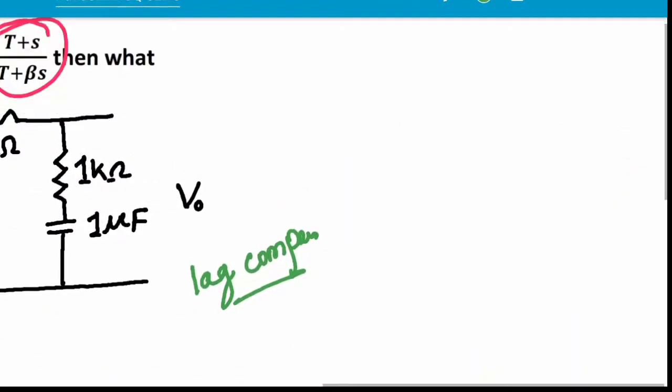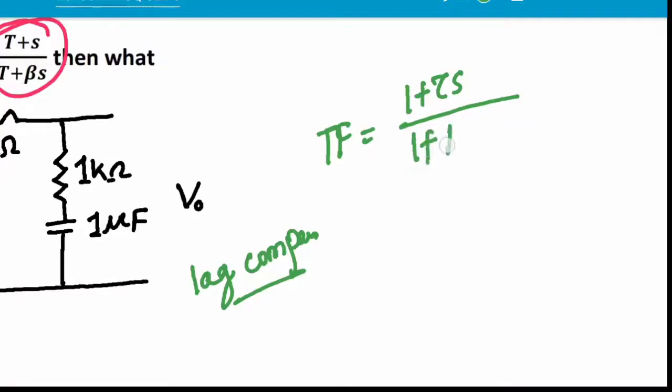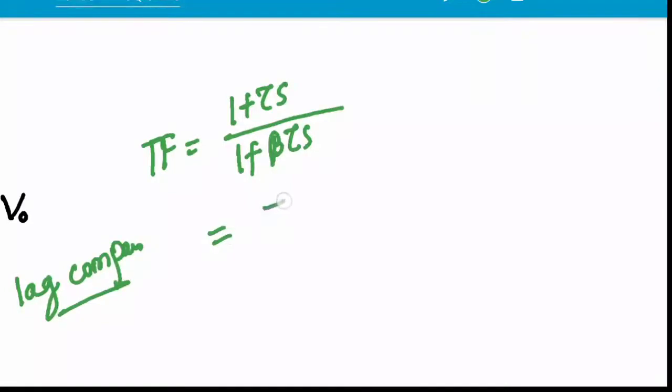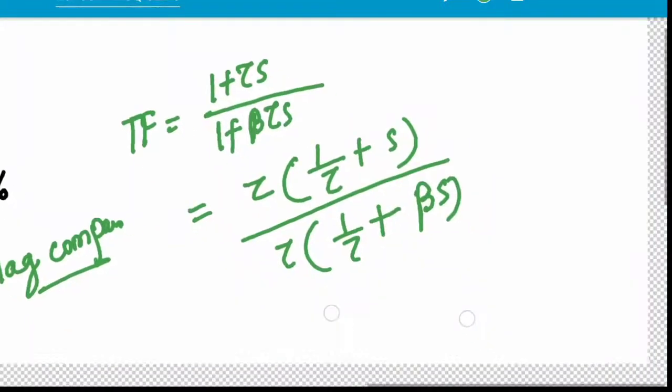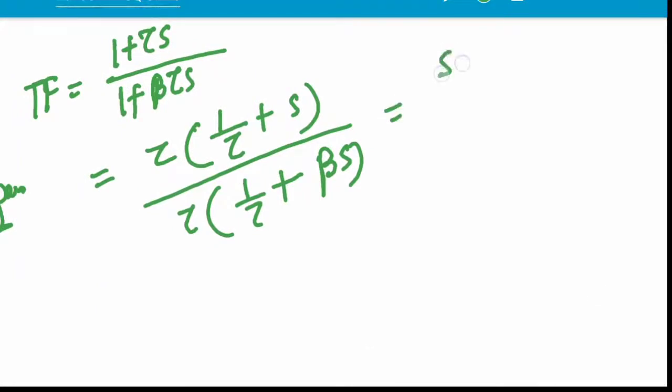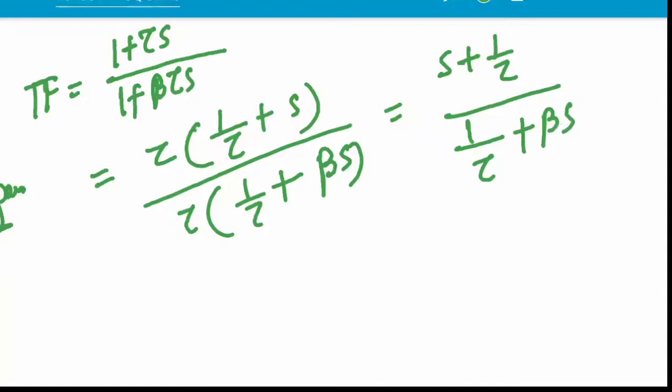For a lag compensator, the transfer function is represented by 1 plus tau S, where tau is the time constant, over 1 plus beta tau S. If we take tau common from numerator and denominator, what will happen? 1 by tau plus S by tau into 1 by tau plus beta S. This is equal to S plus 1 by tau by 1 by tau plus beta S.